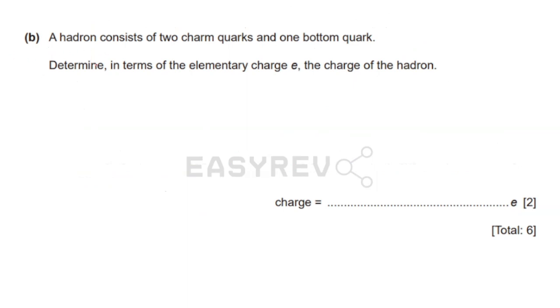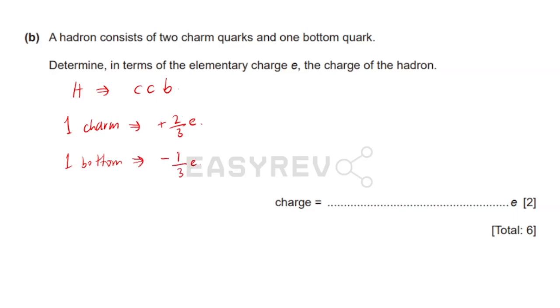Finally, we have part B. A hadron consists of 2 charm quarks and 1 bottom quark. Determine, in terms of the elementary charge e, the charge of the hadron. Now this hadron, let's call it capital H, contains 2 charm quarks and 1 bottom quark. Here we'll remind ourselves of the fact that 1 charm quark has a charge of plus 2 over 3 e. It is a fractional charge. Much in the same way, 1 bottom quark has a charge of minus 1 over 3 e.